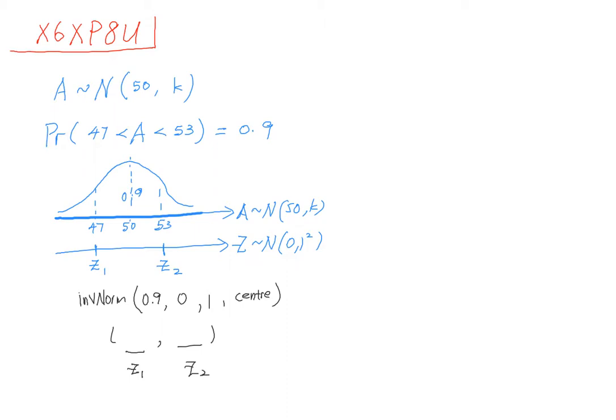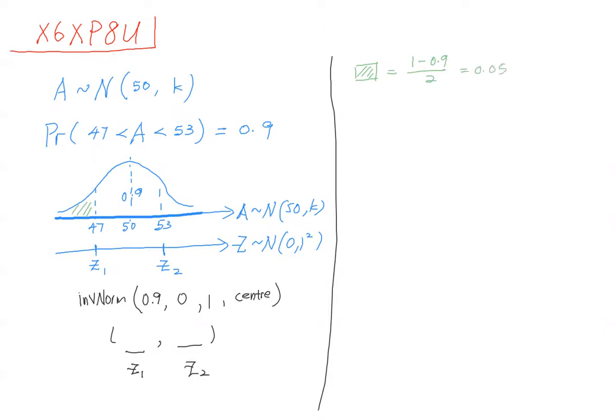If your graphic calculator is not like this, because it's symmetrical, sometimes you have to judge. So I have to find this area. The green area is equal to 1 take away 0.9, divided by 2. So I got 0.05.